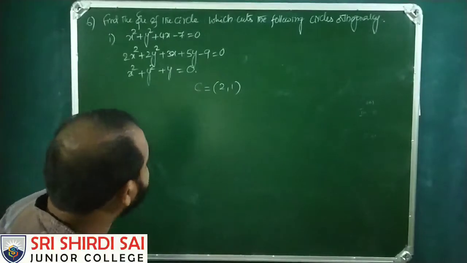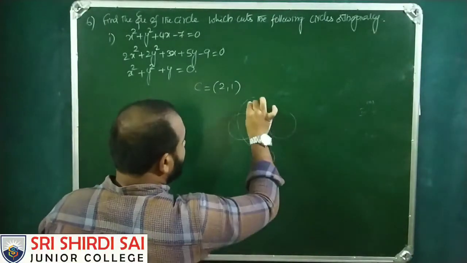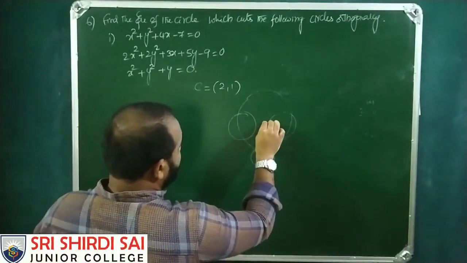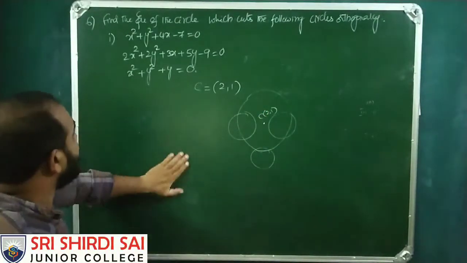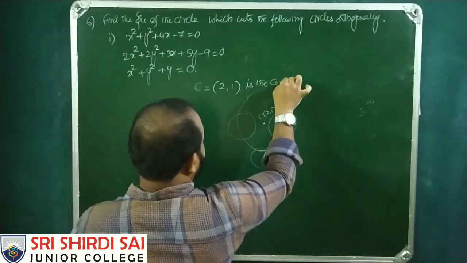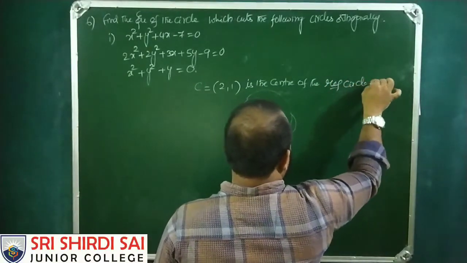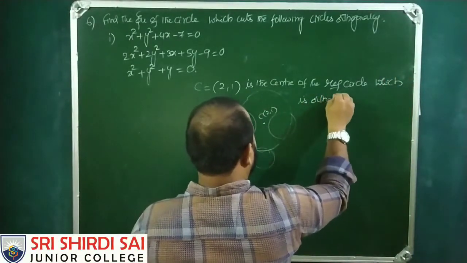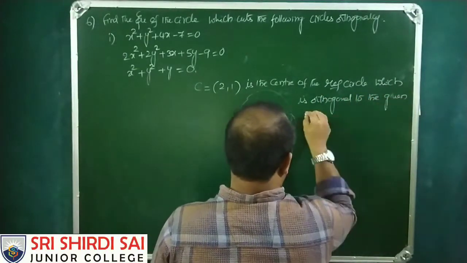Now this C equals 2 comma 1, where these three circles are given, is the center of the required circle that is to be found out, which is orthogonal to the given three circles.